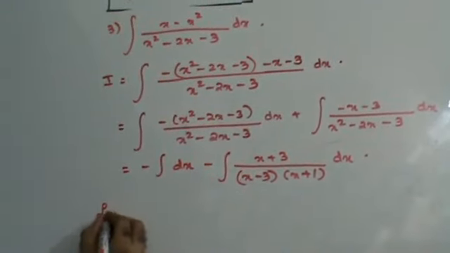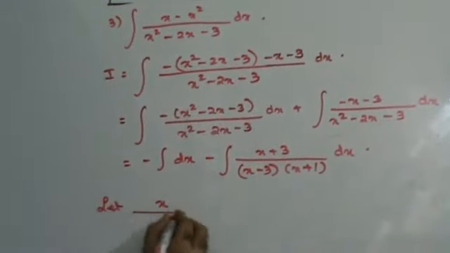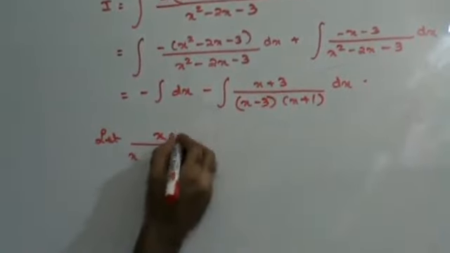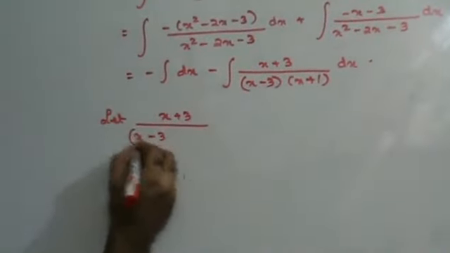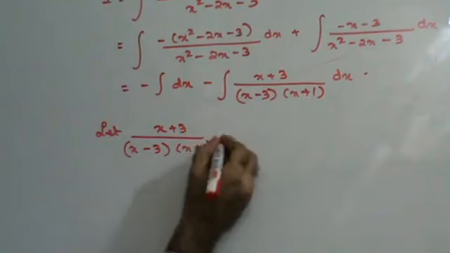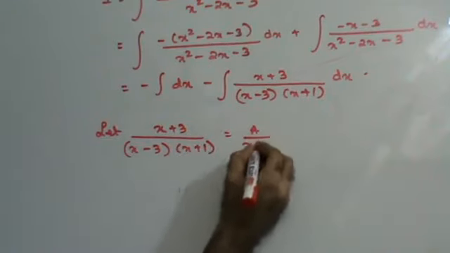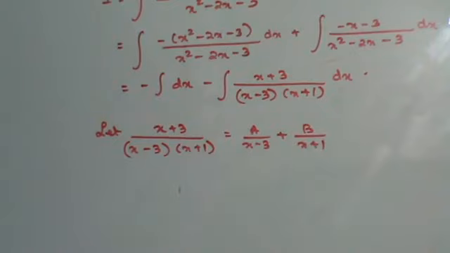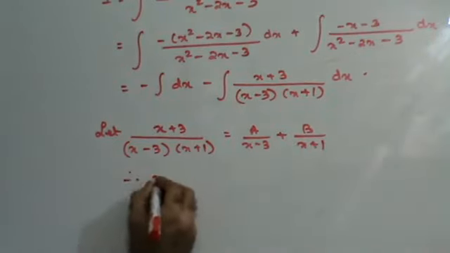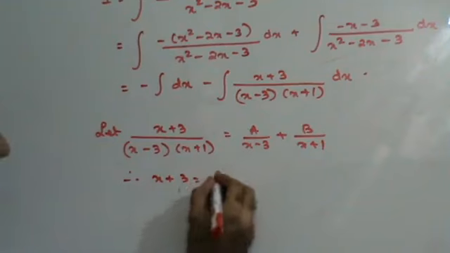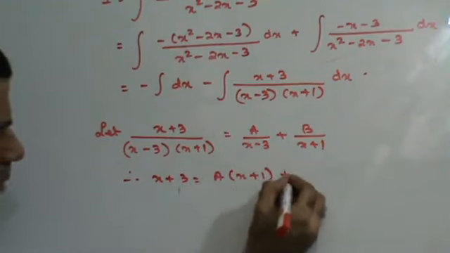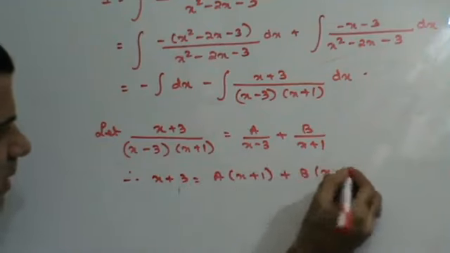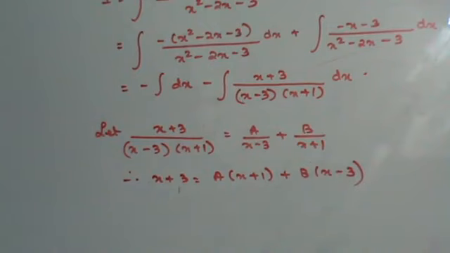You will say that let x plus 3 upon x minus 3 into x plus 1 be equal to a upon x minus 3 plus b upon x plus 1. Therefore, you could say that x plus 3 is a times x plus 1 plus b times x minus 3, common denominator getting cancelled.